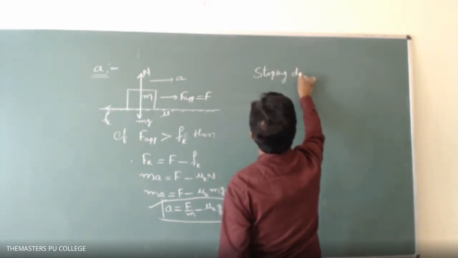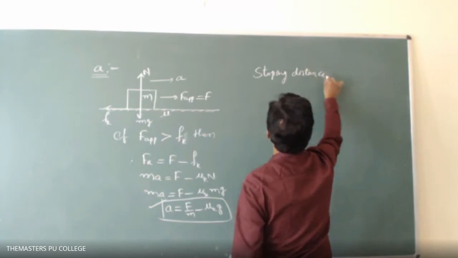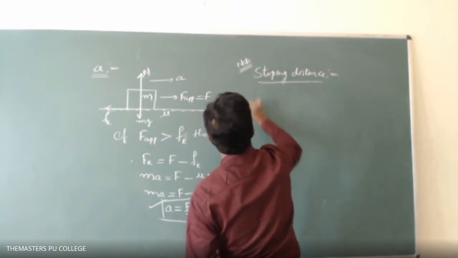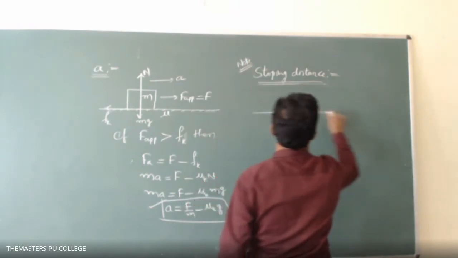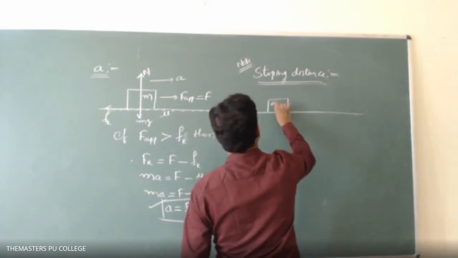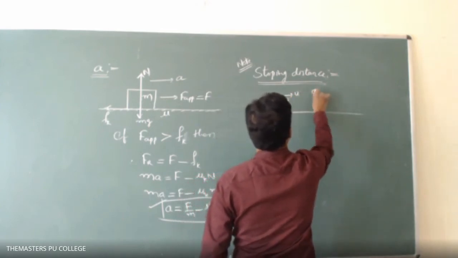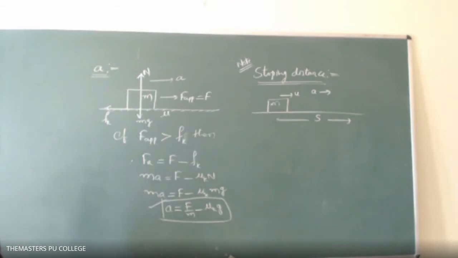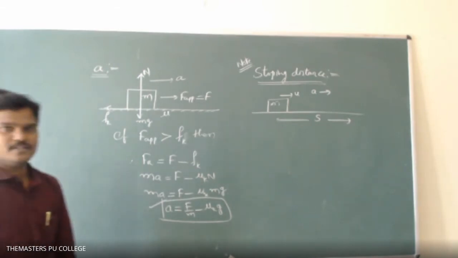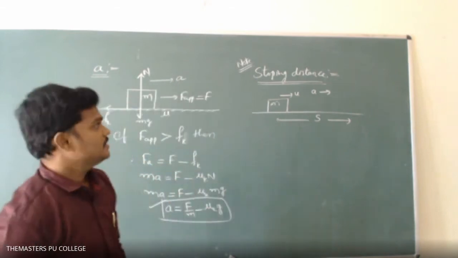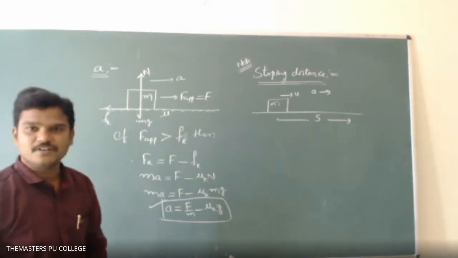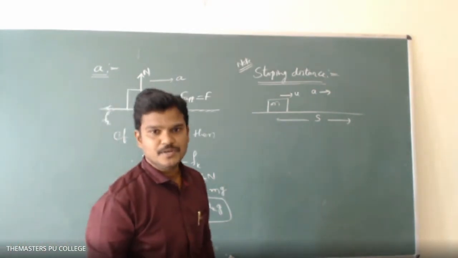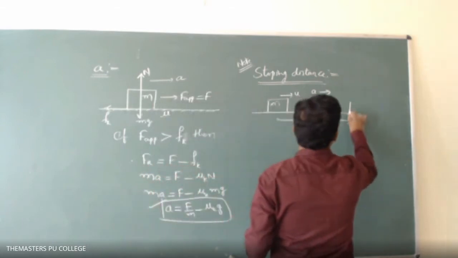Let us see one more formula which is useful to solve some basic level of problems. Stopping distance. Say a block of mass m starts with an initial velocity u, and after traveling a distance of s, the block comes to rest.